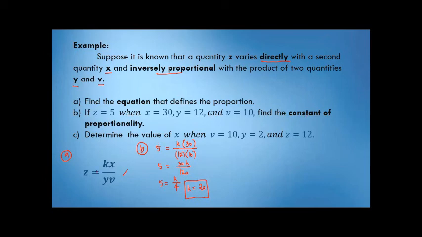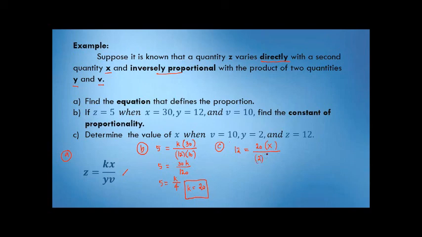Now, dahil meron na tayong equation, meron na rin tayong value ng K, let's determine the value of X if V is equals to 10, Y is equals to 2, and Z is equals to 12. So, let's substitute again, pero ang unknown na is X. So, meron tayong value ng Z, which is 12. Meron tayong value ng K, which is 20. Ang unknown is X. All over, we have Y, 2.